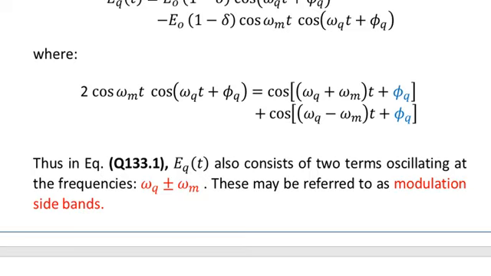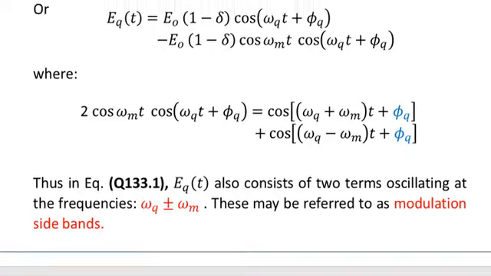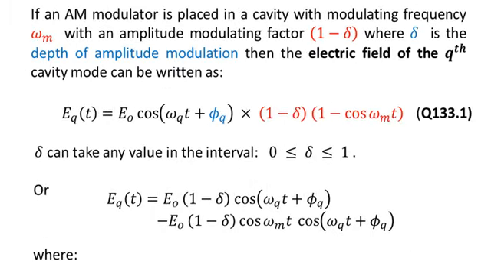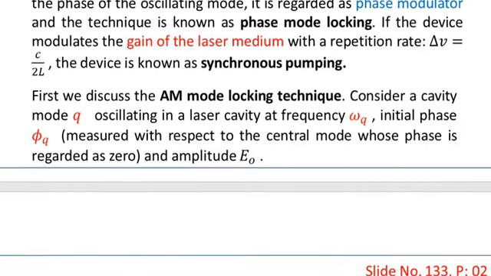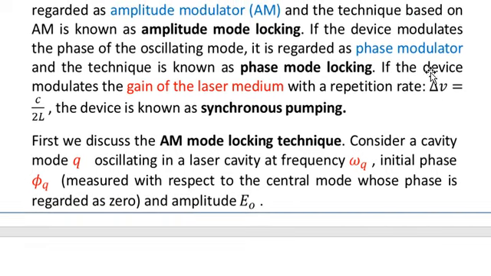You know that when we talk about the laser cavity, we have modes which are separated in frequency by delta nu. So delta nu is actually the separation between the longitudinal modes. For example, if we have the q mode, then the next mode will have a frequency nu q plus delta nu, and on the left hand side we have the mode which is nu q minus delta nu.